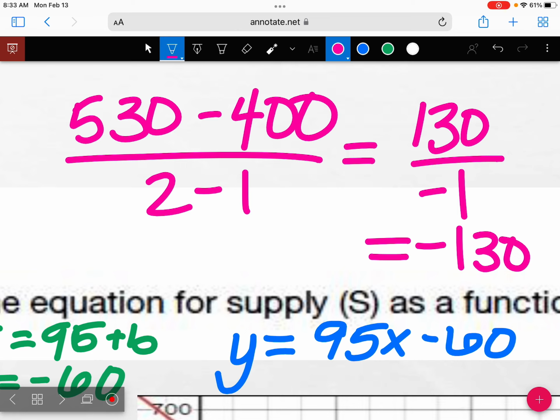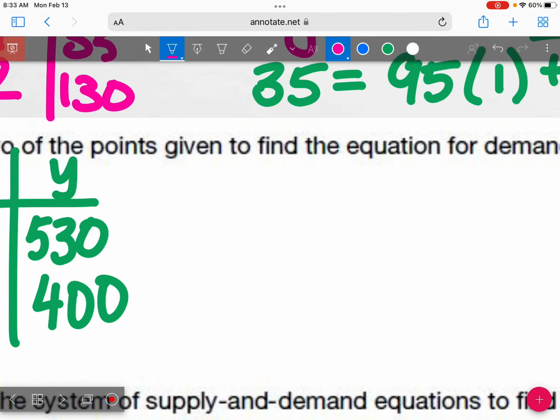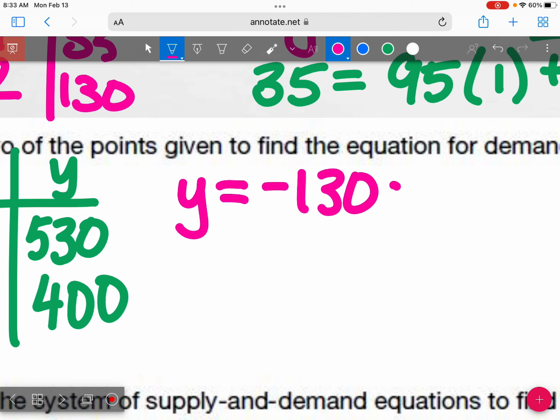So our slope is -130. So you get y equals -130 x plus b, right? And then what point did you choose to plug in? Yeah, Amber? 530, okay.